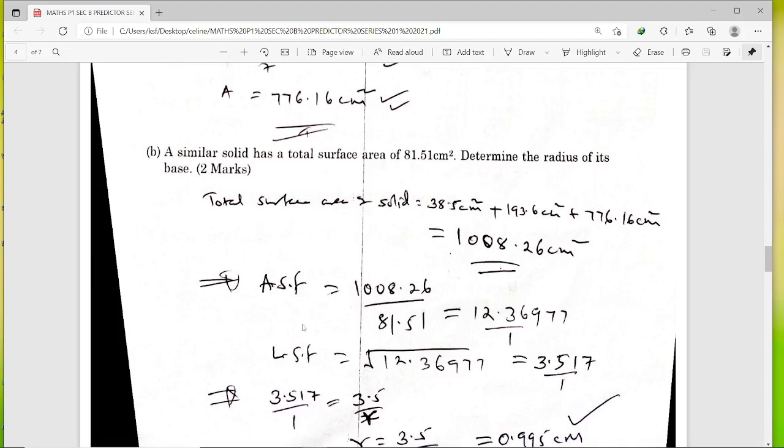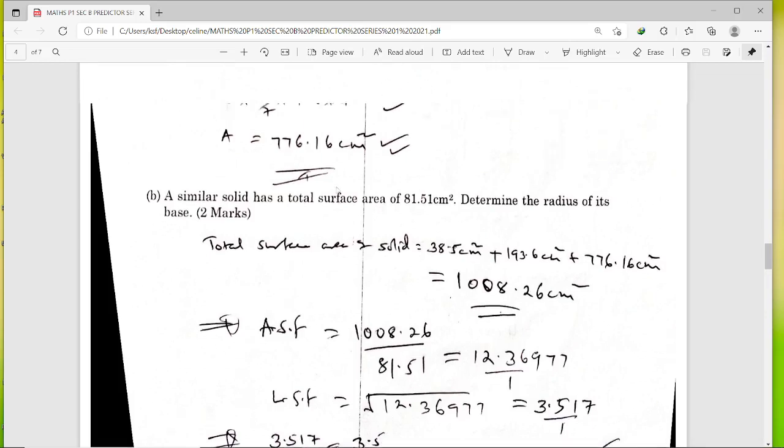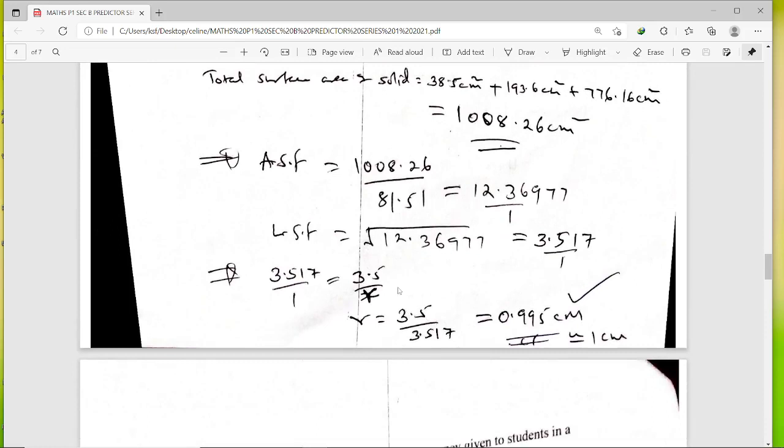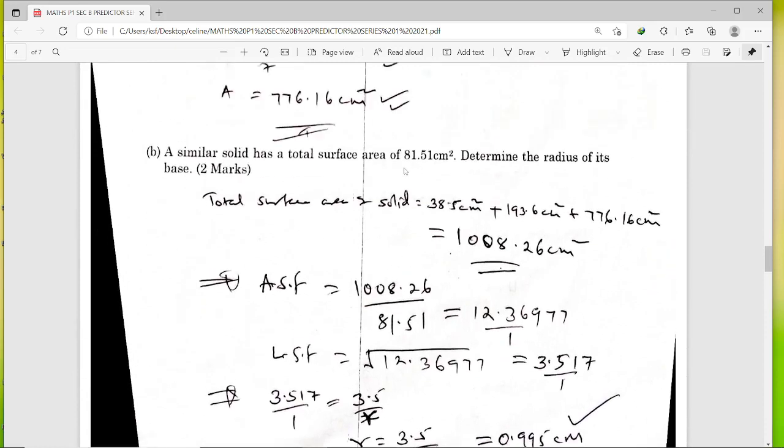I need to find the square root of the area scale factor. The linear scale factor equals the square root of the area scale factor, which gives you 3.517. So that means 3.517 equals the radius of the base of the larger, which is 3.5, over the radius of the base of the smaller, which we don't know for this solid now.